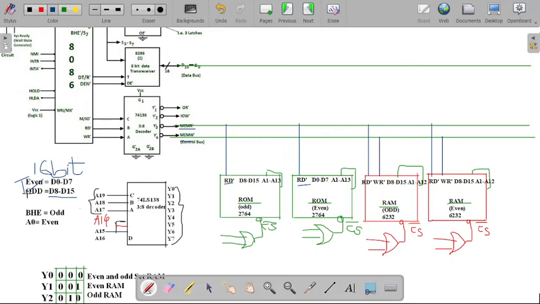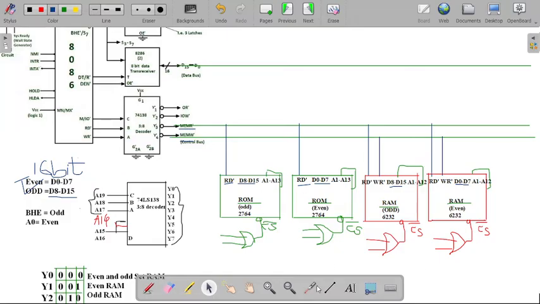And further, it will be divided into two types of memory bank, that is even bank and odd bank. So for the odd structure, I am writing here D8 to D15. And for the even structure, I am writing here D0 to D7. The same is applicable for our RAM odd set and RAM even set. So I am writing here this even set D0 to D7, and for the RAM odd set D8 to D15.